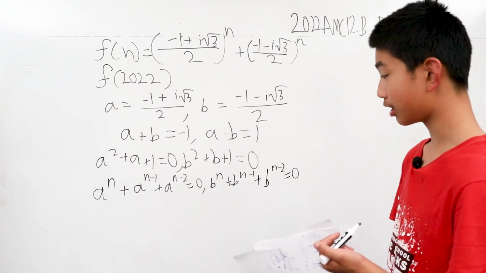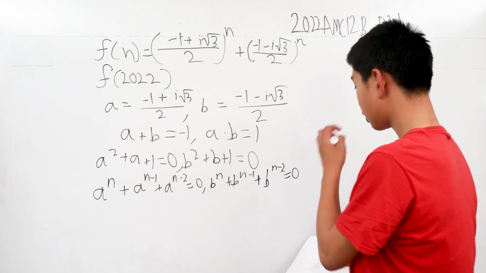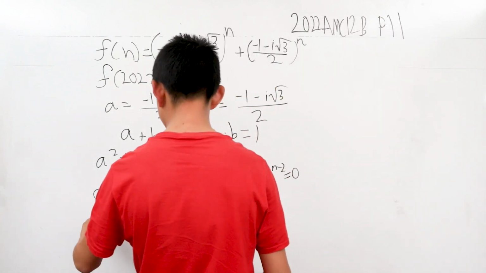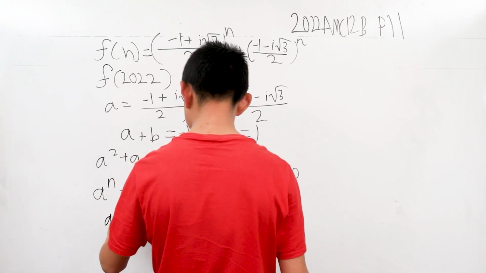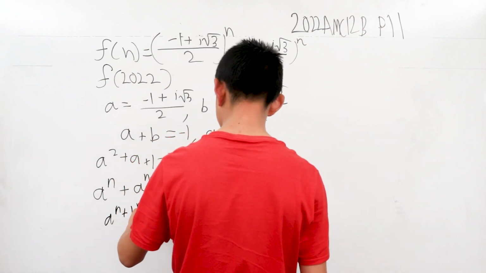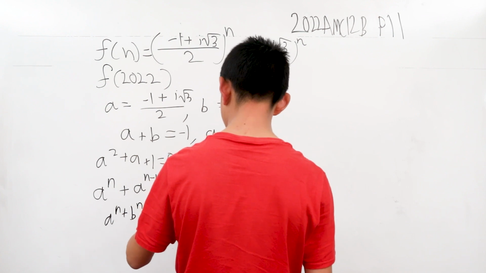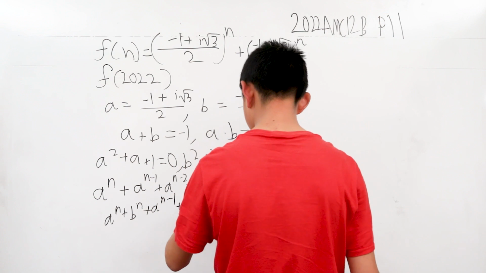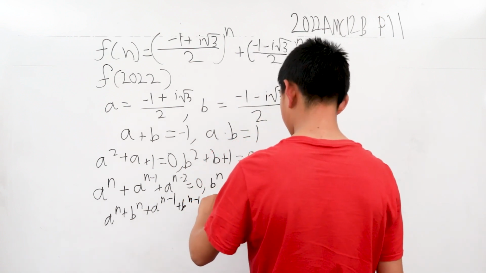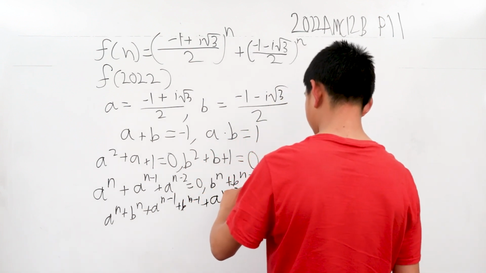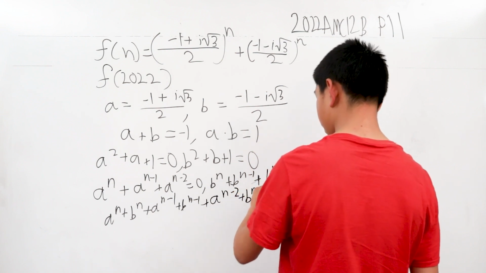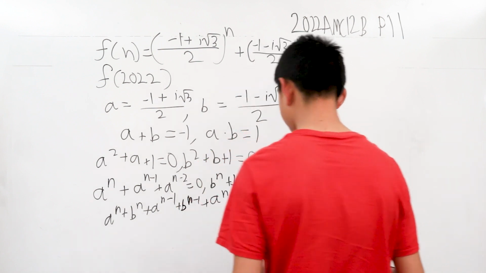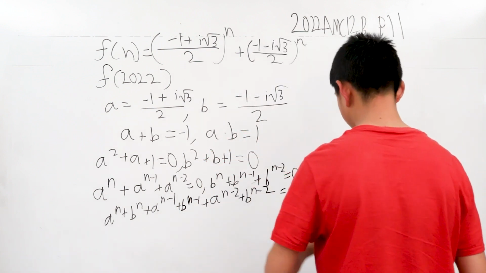When we sum these two formulas together, we get a to the power of n plus b to the power of n, plus a to the power of n minus 1 plus b to the power of n minus 1, plus a to the power of n minus 2 plus b to the power of n minus 2. It's all equal to 0.